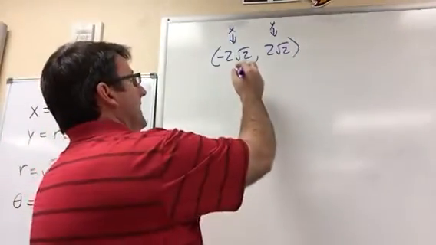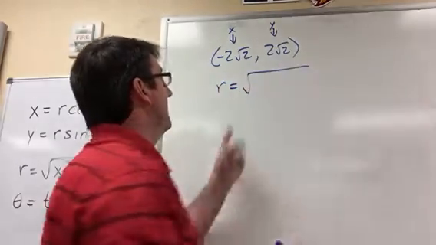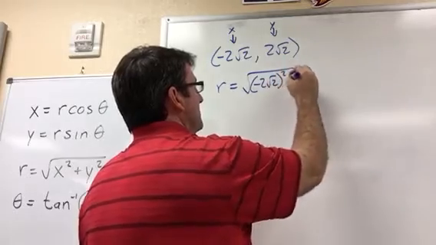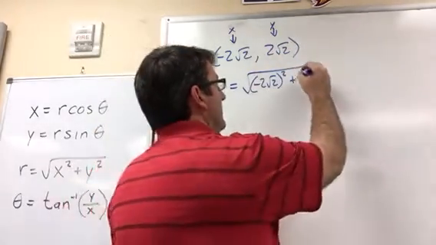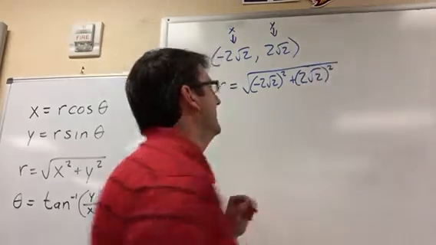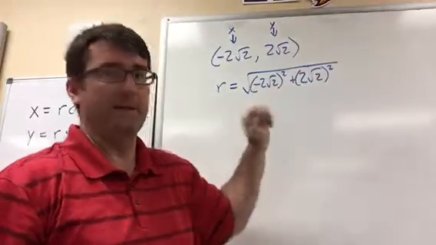All right, so r is going to be equal to the square root of x squared, so negative 2 square root of 2 squared, plus y squared, 2 square root of 2 squared. And notice that both of these are going to be the same thing.